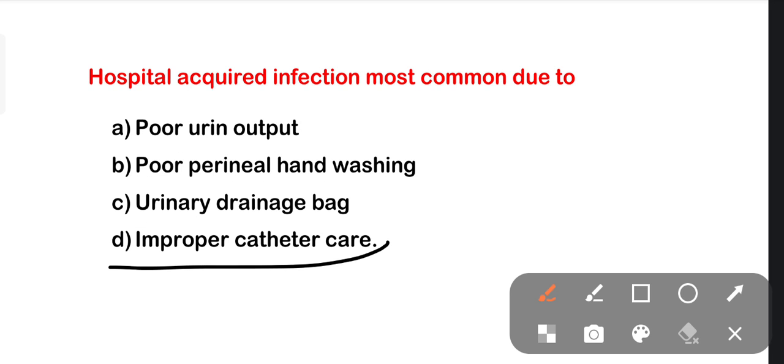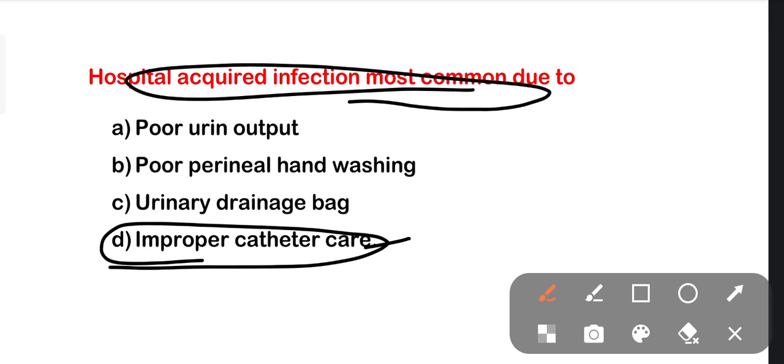The right one is improper catheter care. So when you are not doing a proper catheter insertion, and during the catheter insertion, if you do not maintain the aseptic techniques, the patient can get the common hospital acquired infections.